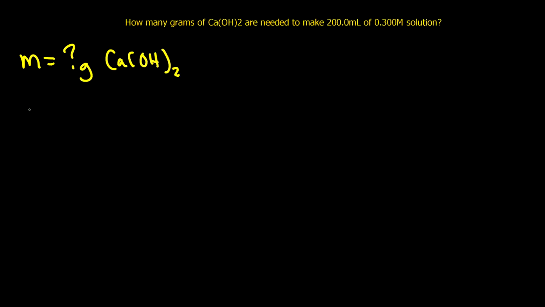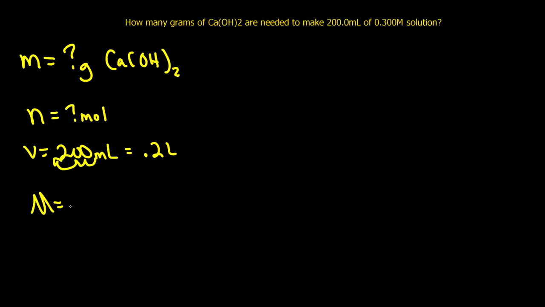Since my formula doesn't give mass, but instead gives moles, I need to figure out moles so I can convert to mass. I have a volume of 200 milliliters, and as we know, we got to convert that to liters, so that's 0.2 liters. Again, I just moved this decimal 3 times to the left. And I have a molarity or concentration of 0.3 molar.